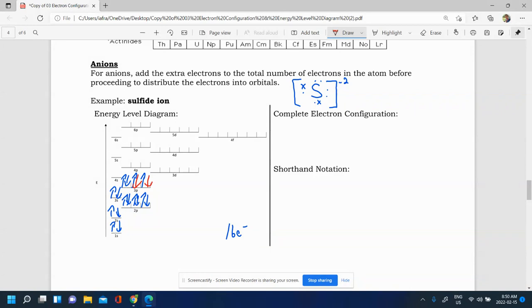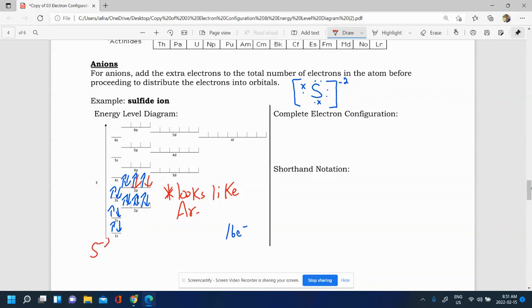And what you might notice is this actually looks very similar to argon. So sulfur gained 2 electrons and now has essentially the same electron configuration as argon. We would actually say that they are isoelectronic to each other.